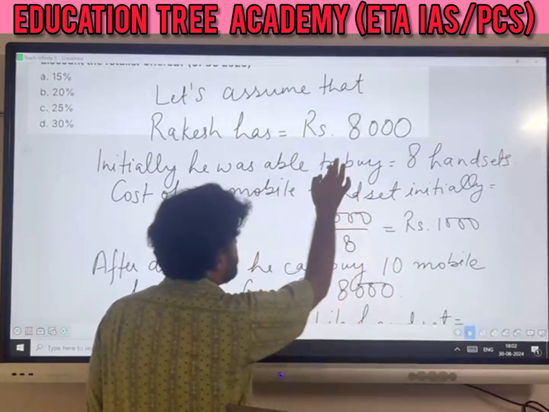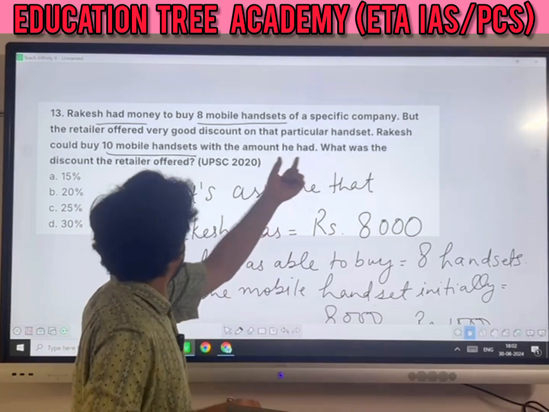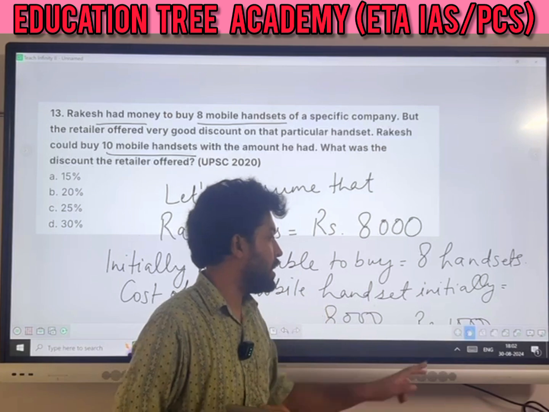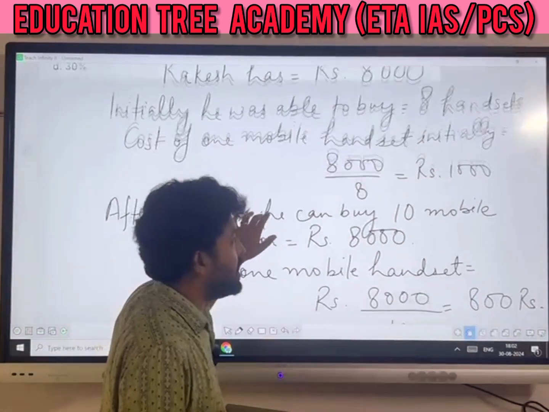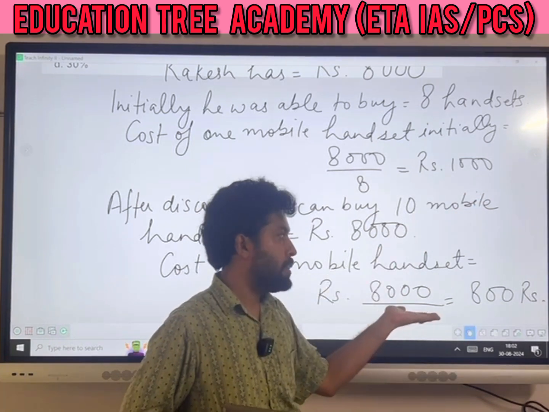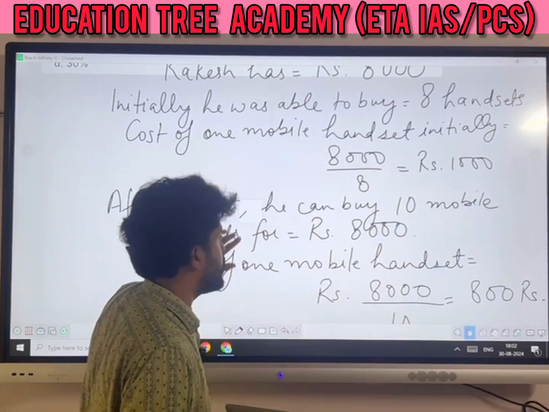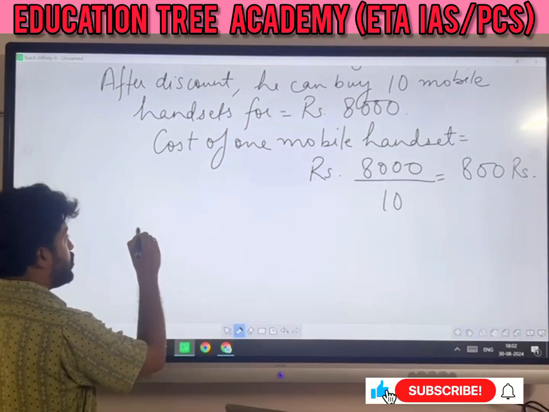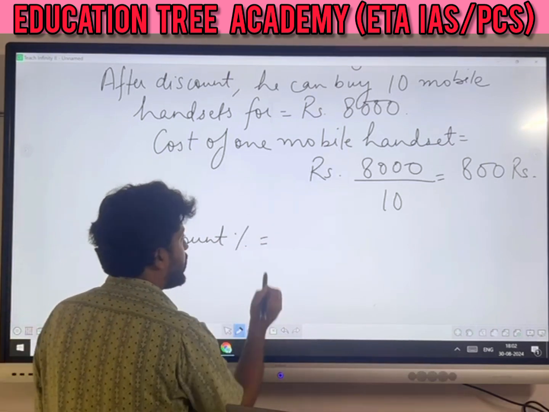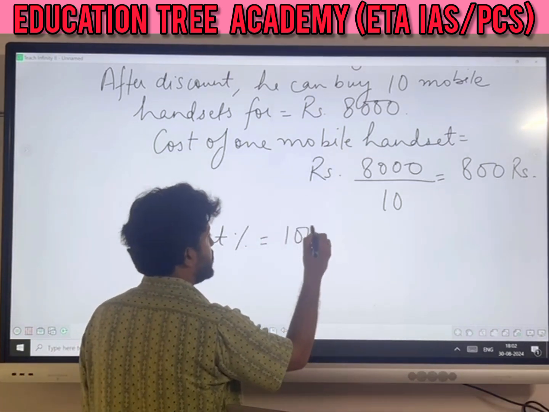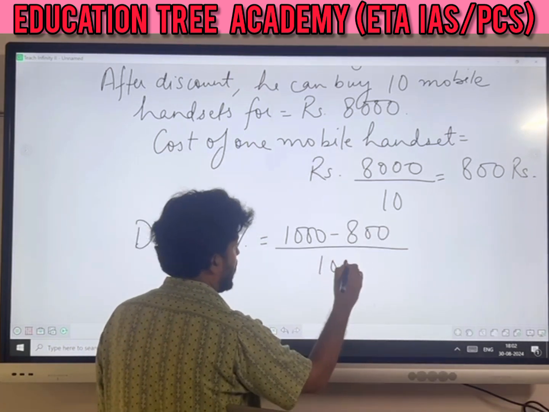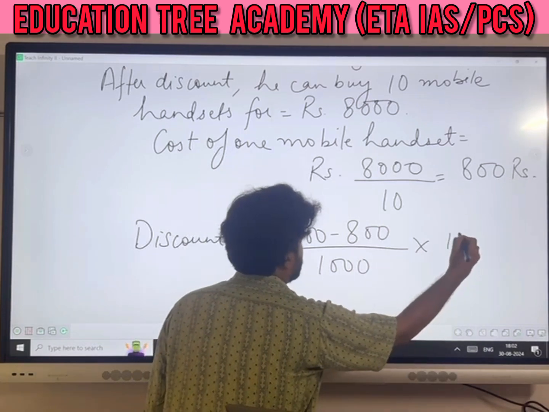So now let's come back to the question and see what it is asking. What was the discount the retailer offered? Now initially 1,000 is what the mobile phone was being sold for, but after discount it is being sold for 800 rupees. Now if we have to find the discount percent, we are going to do 1000 minus 800 divided by 1000, into 100.